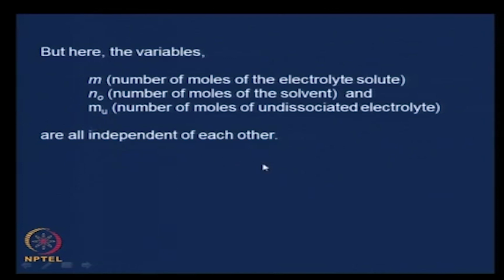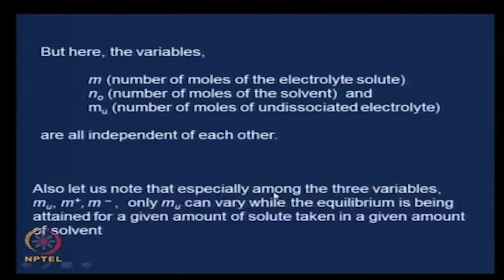These are independent of each other, whereas if you consider these three variables, mu, the number of moles of undissociated electrolyte, the number of moles of positively charged species, and the number of moles of negatively charged species, these are related by the equilibrium distribution. At a certain point in the dissociation, it can dissociate only to a certain number of moles of the positive species and a certain number of moles of the negative species.